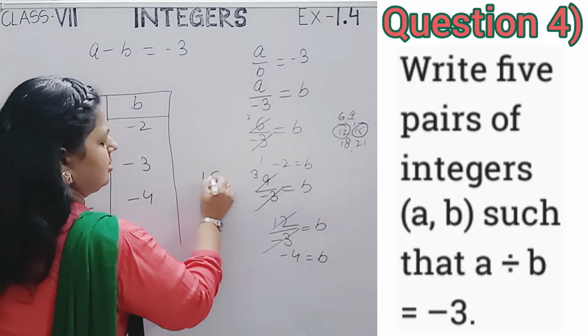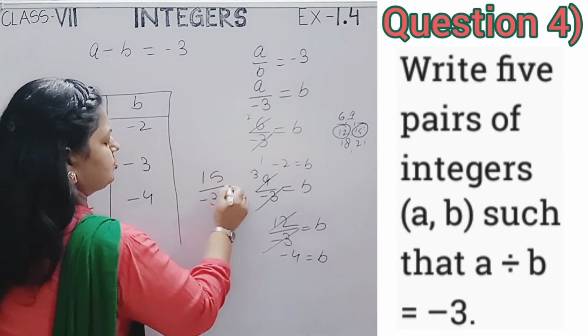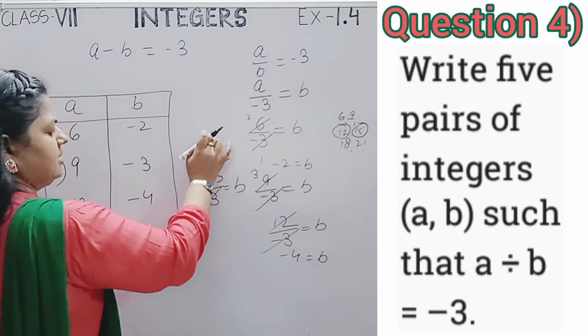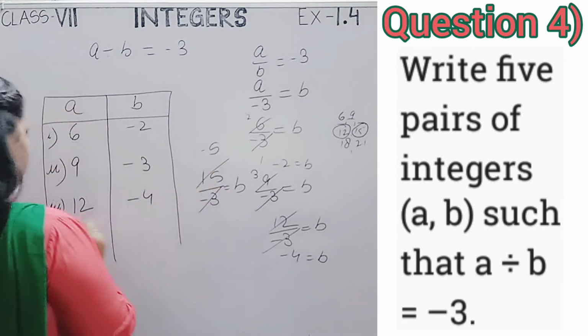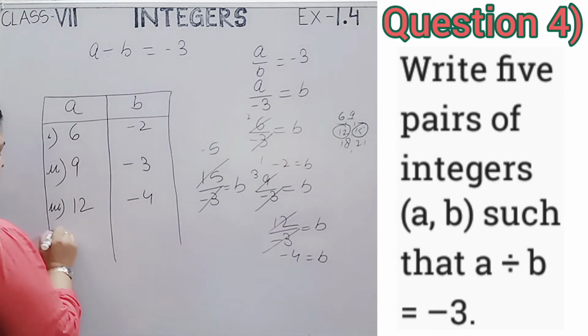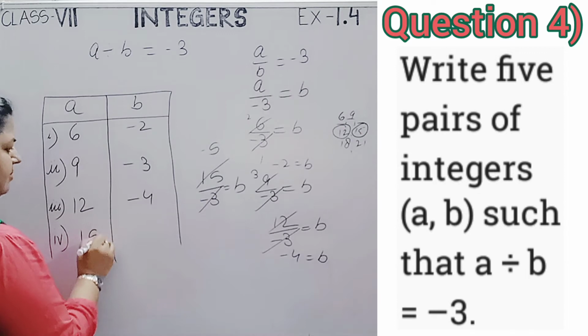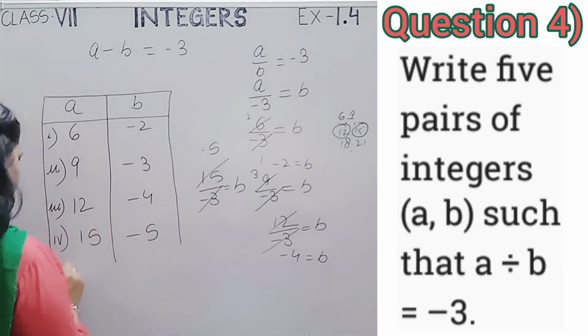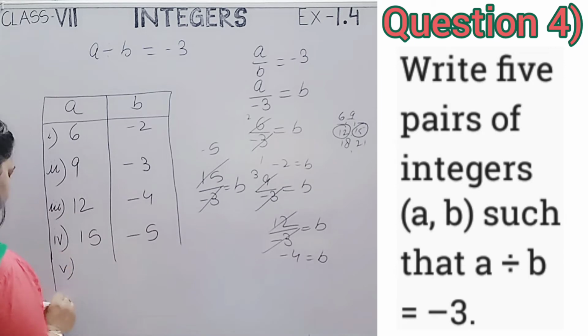So 15 upon minus 3 equal to B. Cancel out. 3 5s are 15. So minus 5. So A is 15 and B is minus 5. Fifth pair.